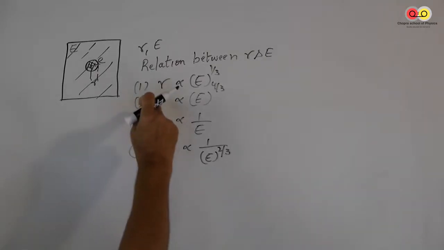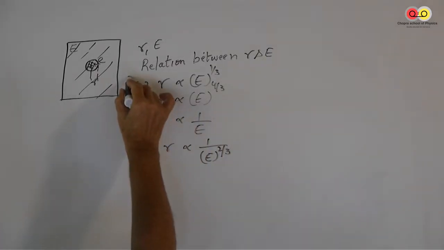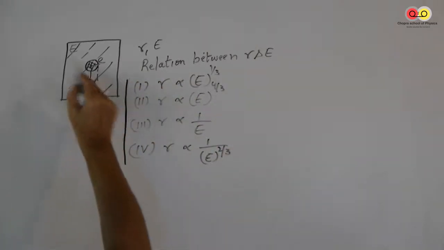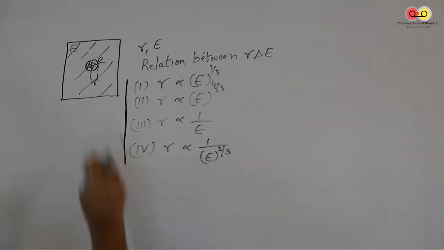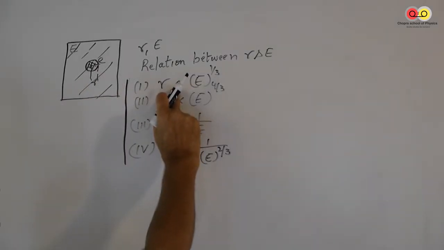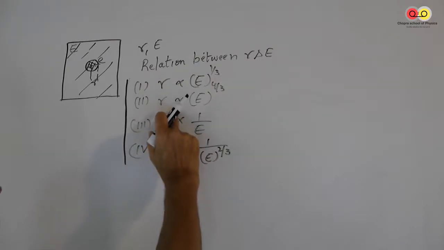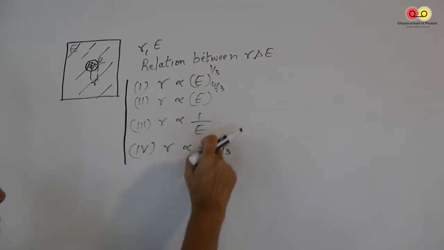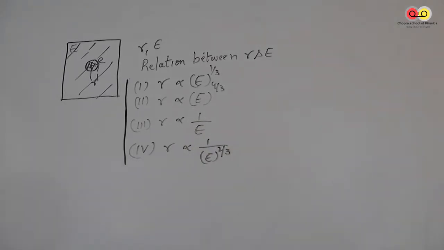Now we have to understand which of the four options is right: whether radius is proportional to e to the power 1 by 3, e to the power 4 by 3, inverse to e, or 1 over e to the power 2 by 3.